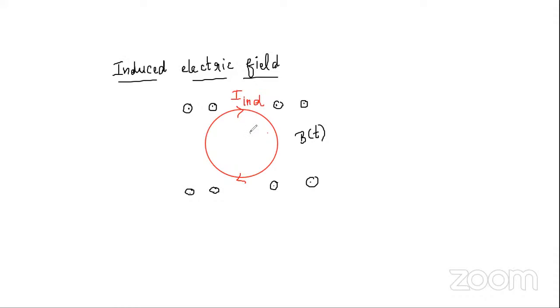Now we will be discussing the induced electric field due to a time varying uniform cylindrical magnetic field.